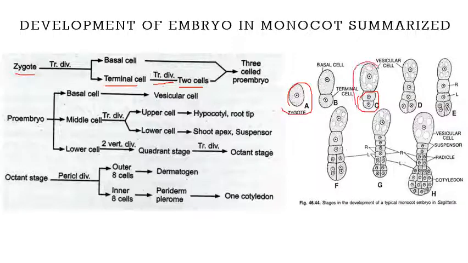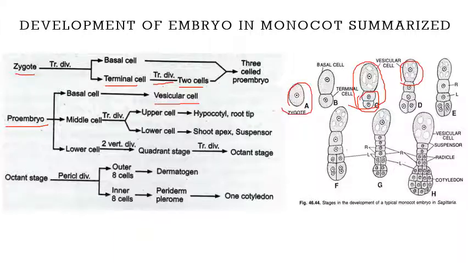This is the proembryo, and it forms the basal cell, middle cell and lower cell. The basal cell forms the vesicular cell, and the middle cell, after transverse division, forms the upper cell and lower cell.